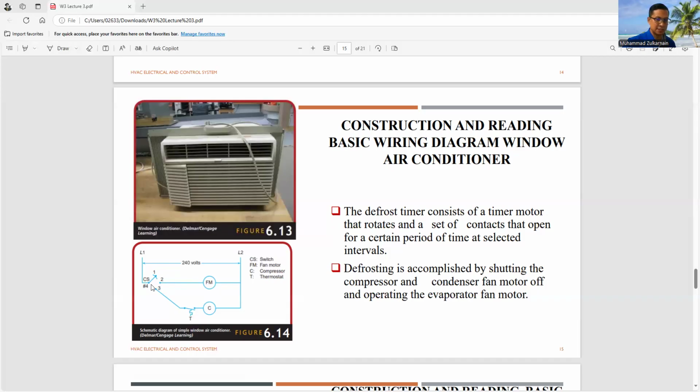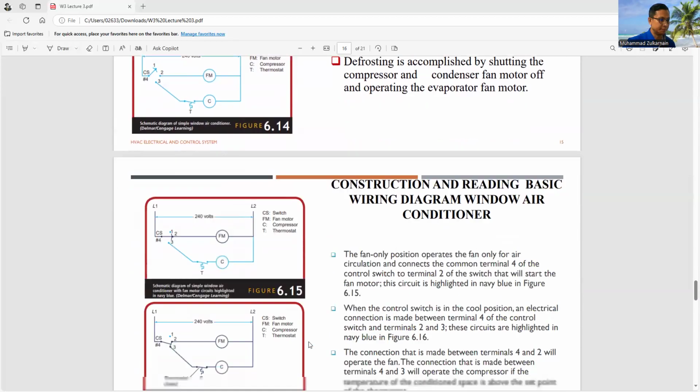If the sensor is reading from point one to point three, meaning when the sensor starts, the temperature will run the compressor. So like that, we can simplify by phrasing the words to describe the schematic diagram.